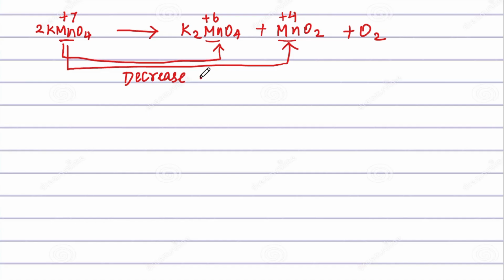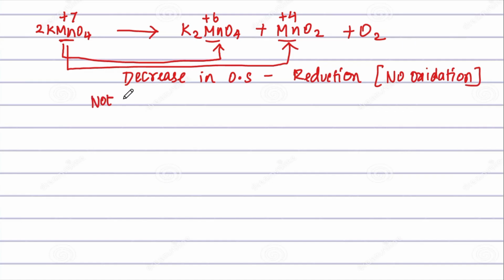So there is only a decrease in oxidation state, so in both the cases it is only reduction. There is no oxidation in both the cases. So this is not a disproportionation reaction. So this is the third equation. Let us go to the fourth equation.